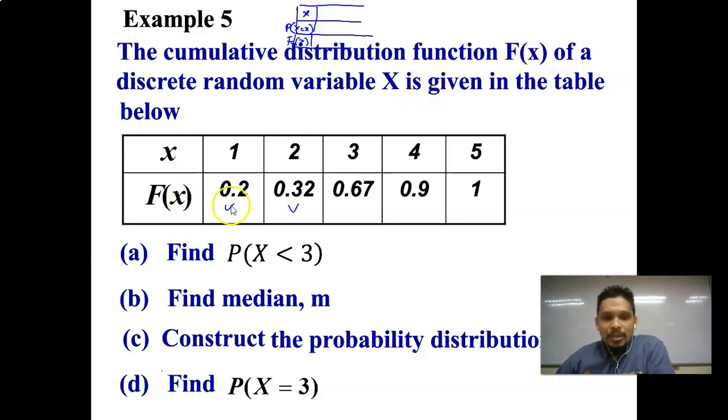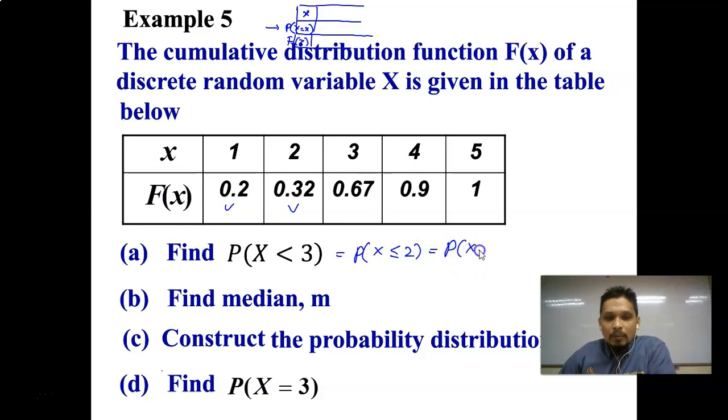But look at this one now. It is between x and the cumulative function of x. There is no column of probability of x equal to an x. So when we talk about the probability of x less than 3, it does not include 3. Before 3, we assume it is x equal to 2.